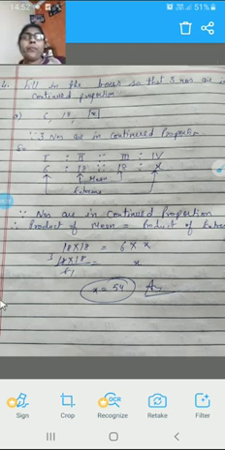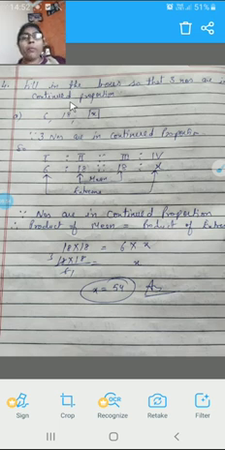This is 6, 18 and x. Because 3 numbers are in continued proportion, we have to write as it is in every question. First ratio, second proportion, third ratio: 4, 6 ratio 18 proportion 18 ratio x. Why did we write 18 2 times? Because we are talking about continued proportion.